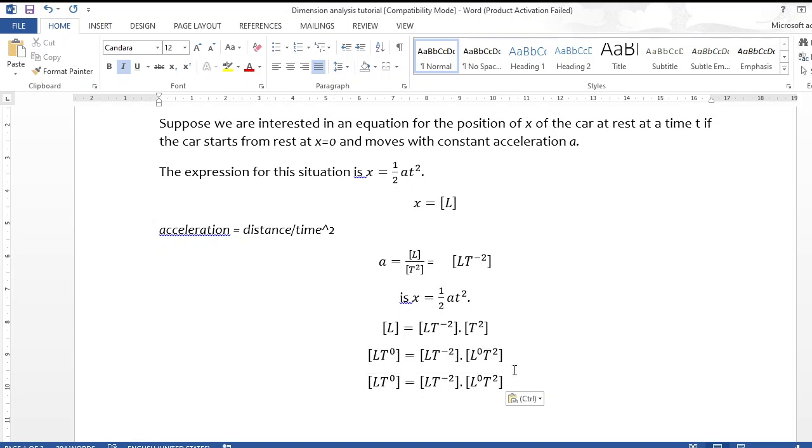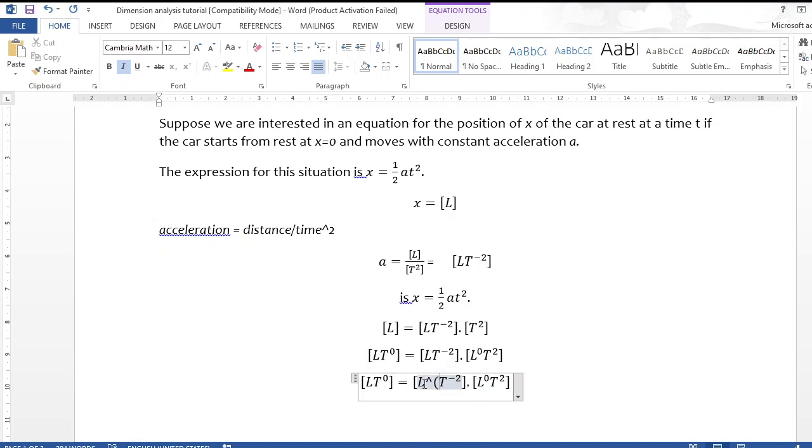If you are dividing, you subtract the powers. And when a power is raised to another power, you multiply the powers. So these are the basic rules in mathematics. Now here we are saying if you are multiplying, so I'll remove this bracket. If you are multiplying L by L, you maintain the base which is L, but the powers you add.